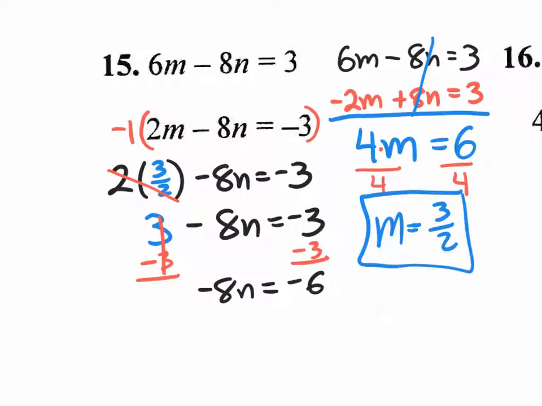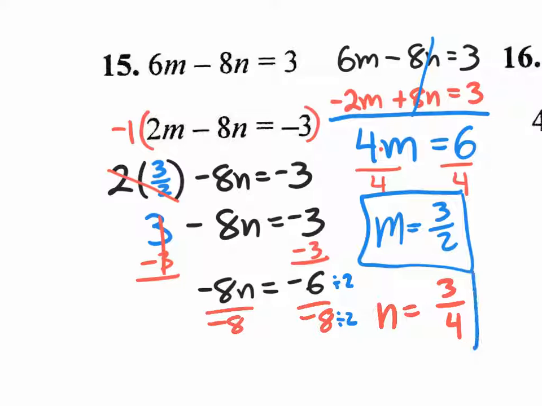So for my final step here, I'm going to divide by -8, divide by -8, which means n equals, negative divided by a negative is a positive, and 6/8, you could reduce that by 2, and you'll get 3/4. If you reduce by 2, you'll get 3/4 positive, because a negative divided by negative is a positive.